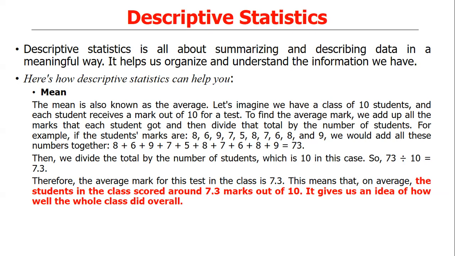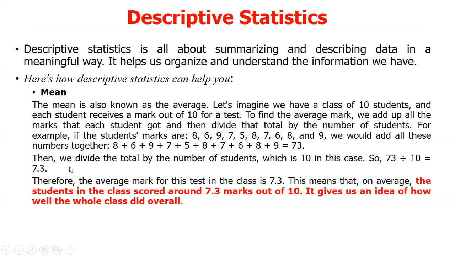All right, so that is the total. Now, if you want to find the mean, we divide the total by the number of students. So that is the total over here, 73, and we divide by the number of students, which is 10. So 10 is the total number of students in this case. So 73 divided by 10 is equal to 7.3.